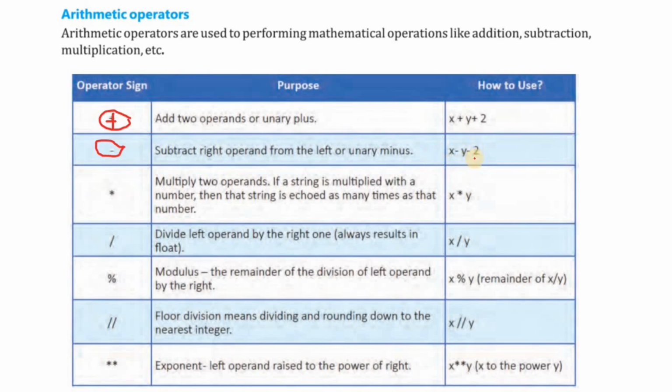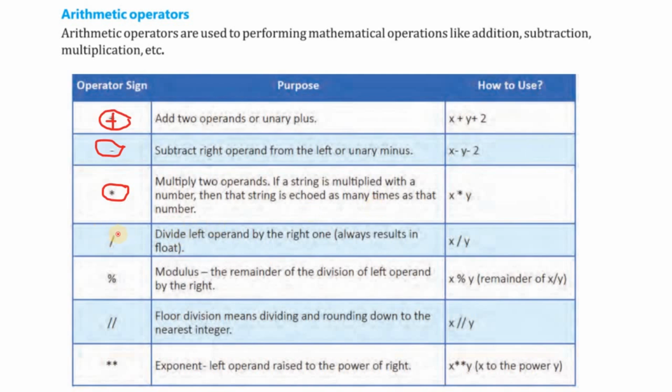See the example, x minus y minus 2. Next, multiplication, which is denoted by star, and it is just written like this, x star y. Okay, now you see, if a string is multiplied with a number, then the string is echoed as many times as the number. You can see my related video in the description list for echoing of strings.